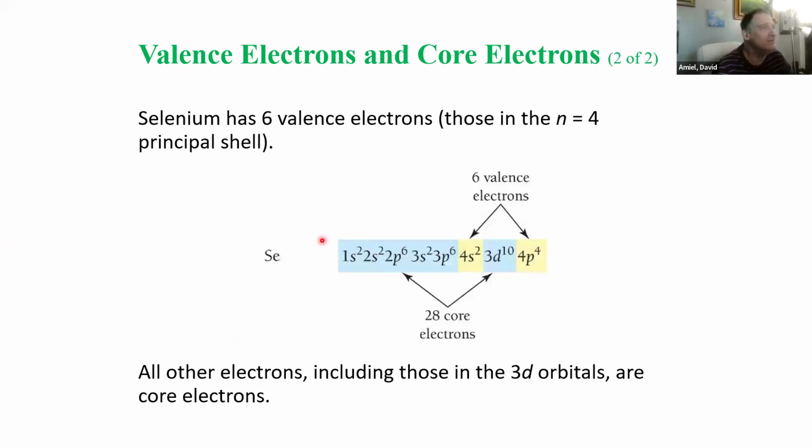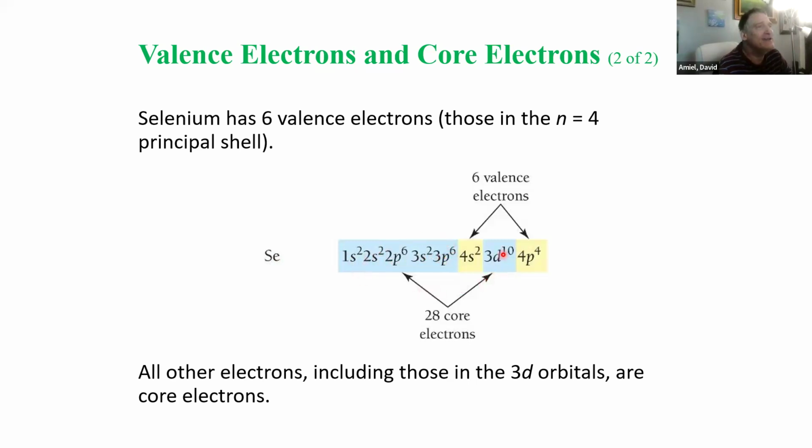Here is selenium. And this is a d block element. Where is my selenium? Nope, sorry, it's group 6, but it goes through the d's. And so we see 1s2, 2s2, 2p6, 3s2, 3p6.